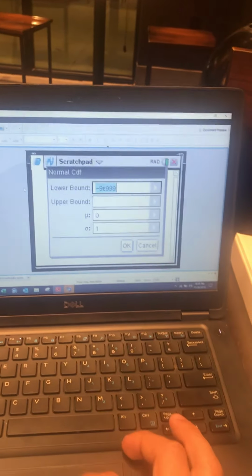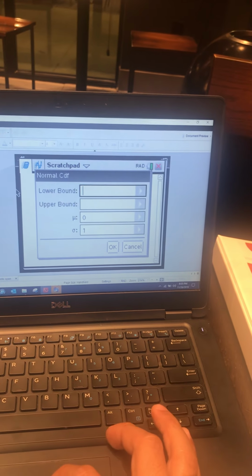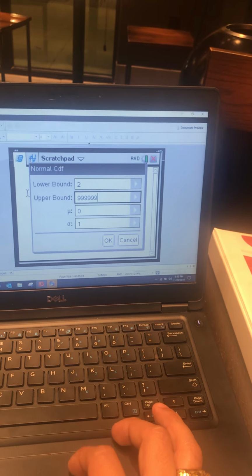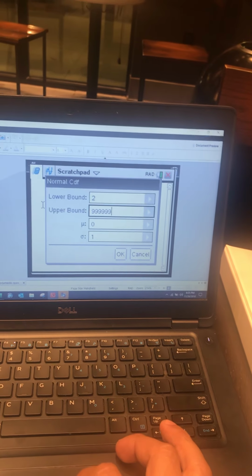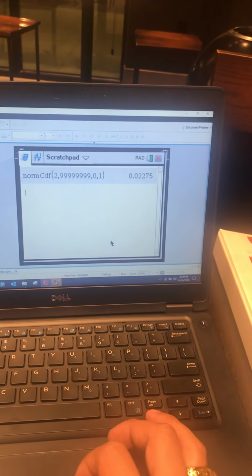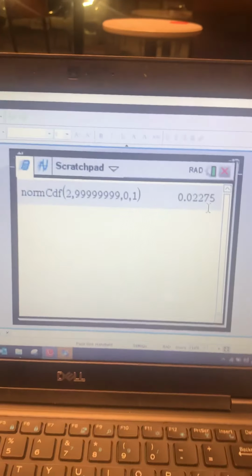So 2 is our lower bound. You're going to take that away and type in 2. And then our upper bound is going to be infinity. Your calculators don't have infinity, so we need to put a couple 9s. Enter. Boom. That is our answer.